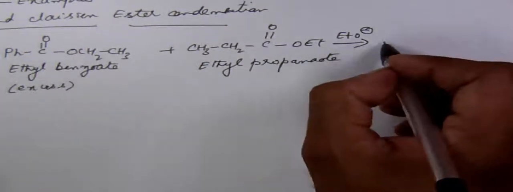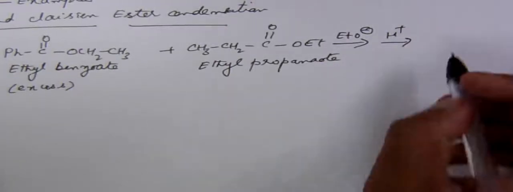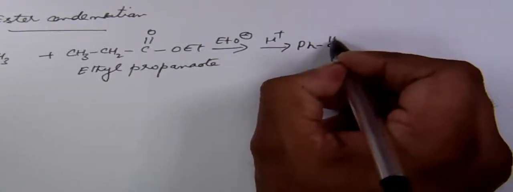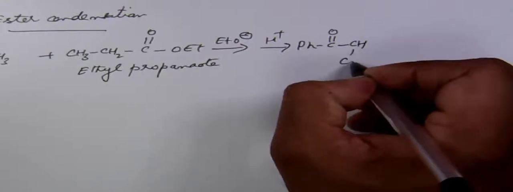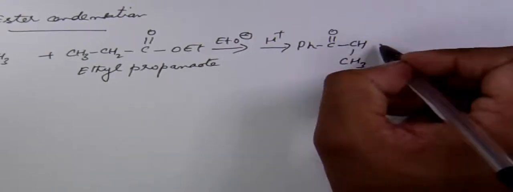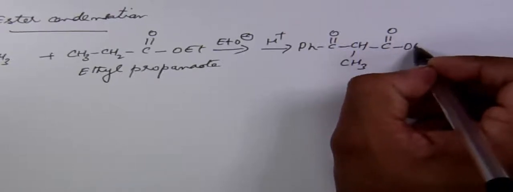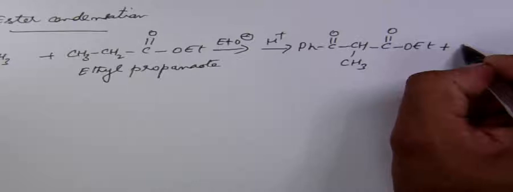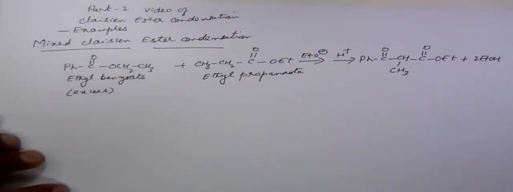Then in the end I acidify it to get an acid, and the product that I'm going to get would be PhCOCHCH3COO ethyl group, plus ethyl alcohol.